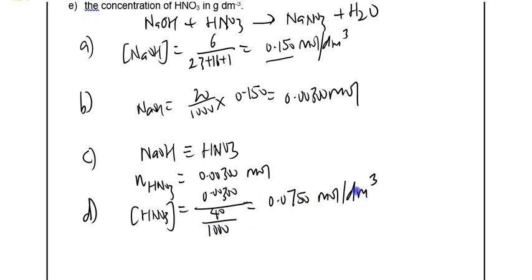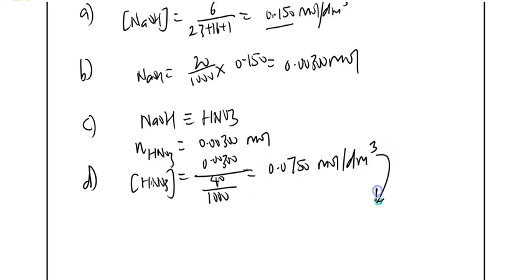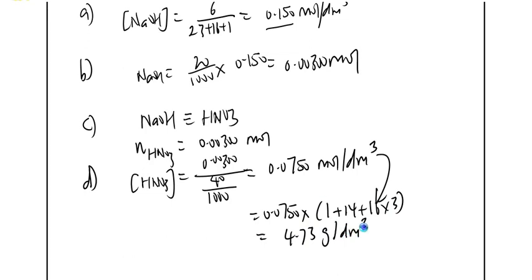And to convert this into grams per dm cube, it is simply to multiply by the molar mass of HNO3, and I have 4.73 grams per dm cube.